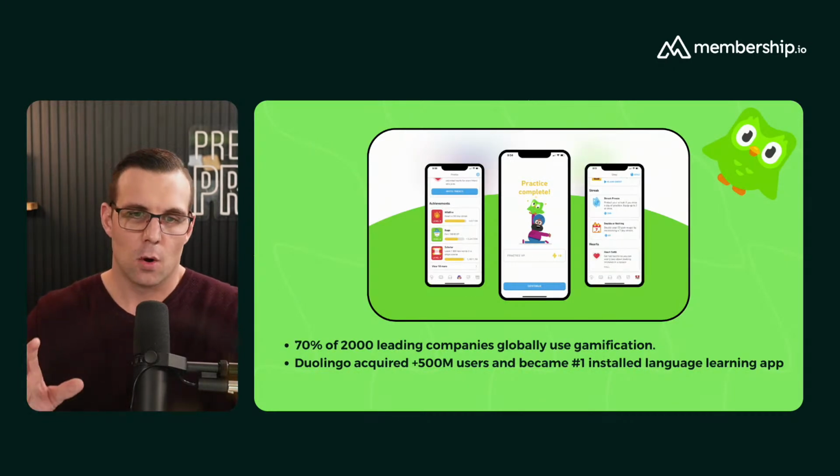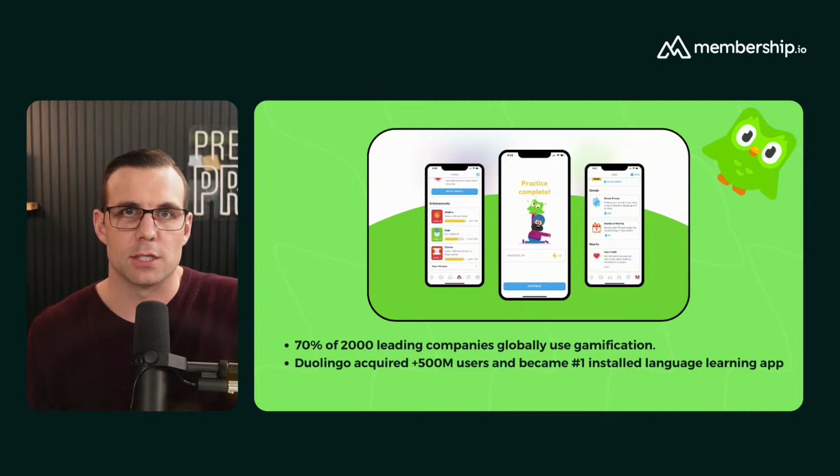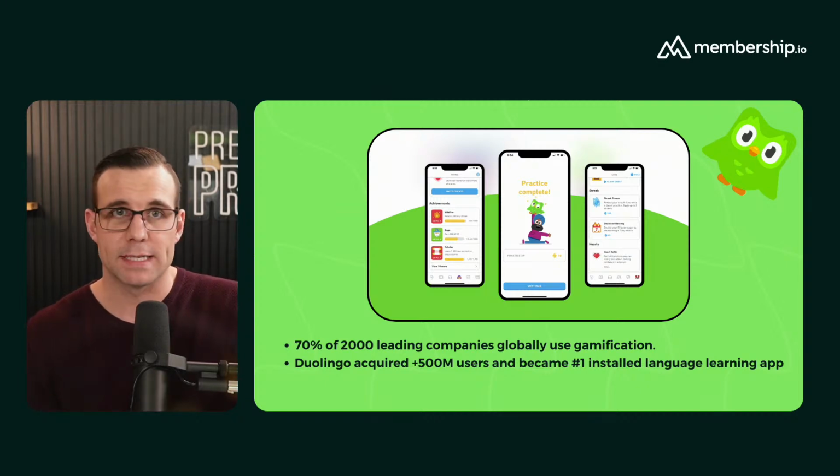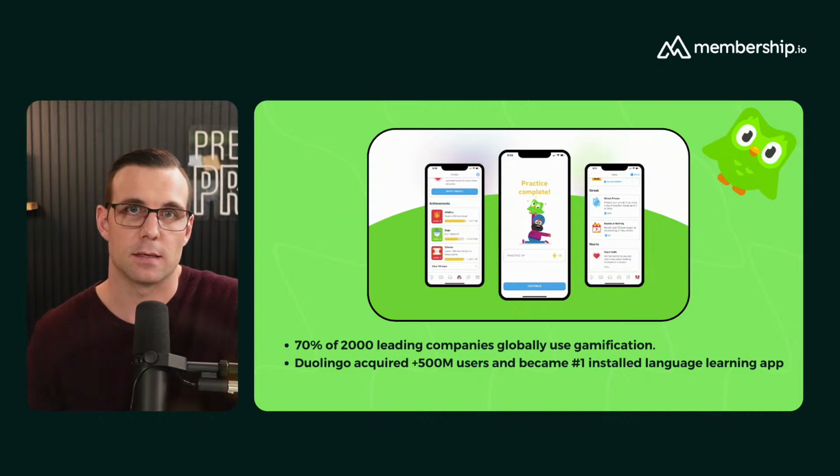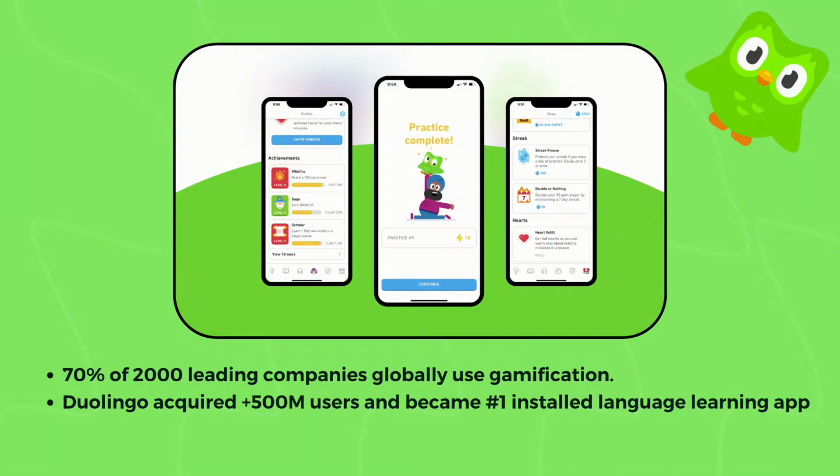So why is gamification important for you or your business or your membership or whatever your digital program may be? Well, 70% of the 2,000 leading companies in the world use gamification. A key example of this is Duolingo. If you're not familiar with it, it's a language learning app.